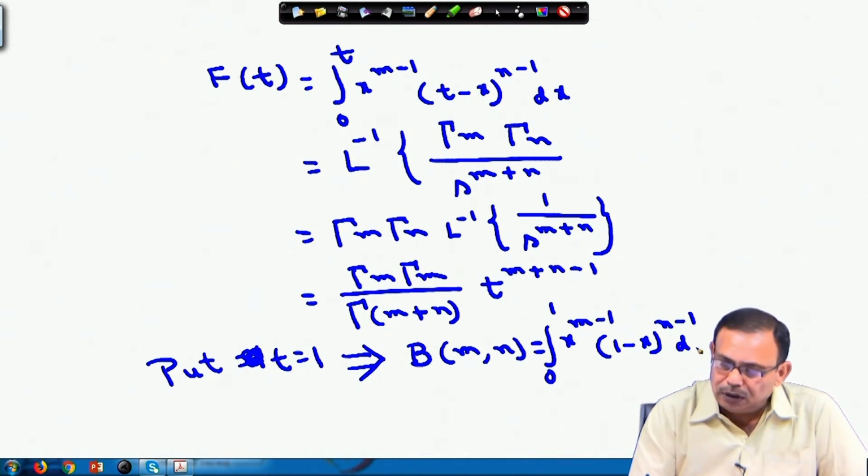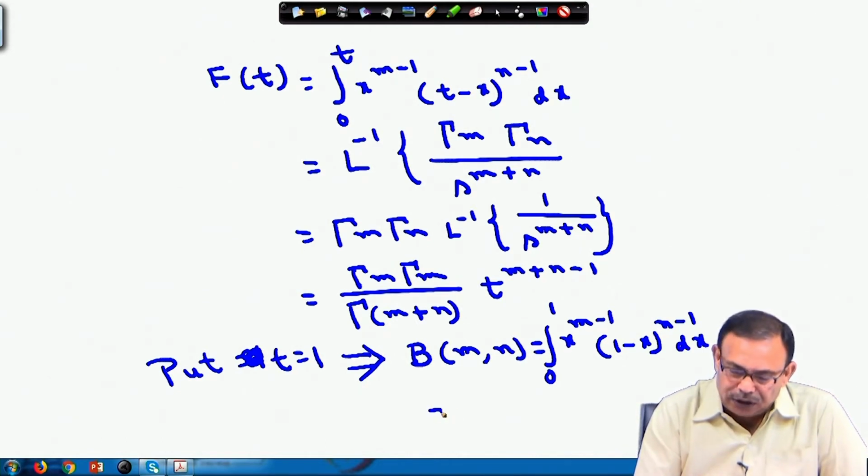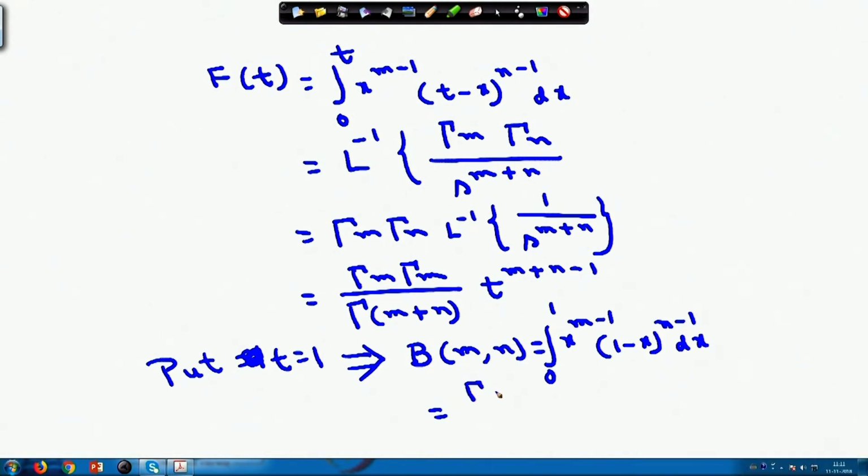And this is equal to simply gamma m into gamma n by gamma (m plus n). So, please see this one: once I am putting t equals 1 over here, I am obtaining this value, that is gamma m gamma n by gamma (m plus n).